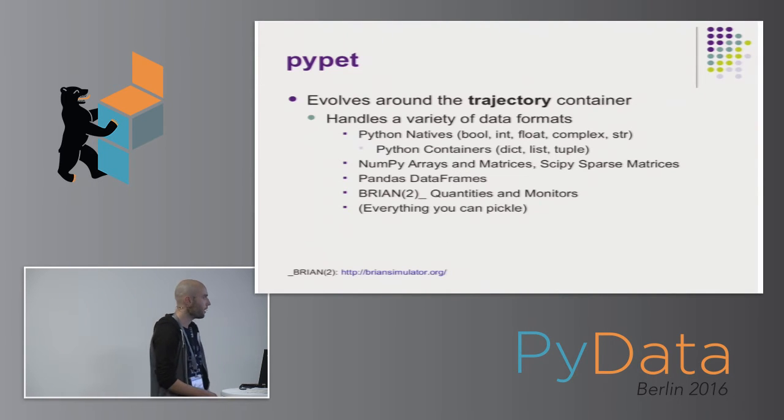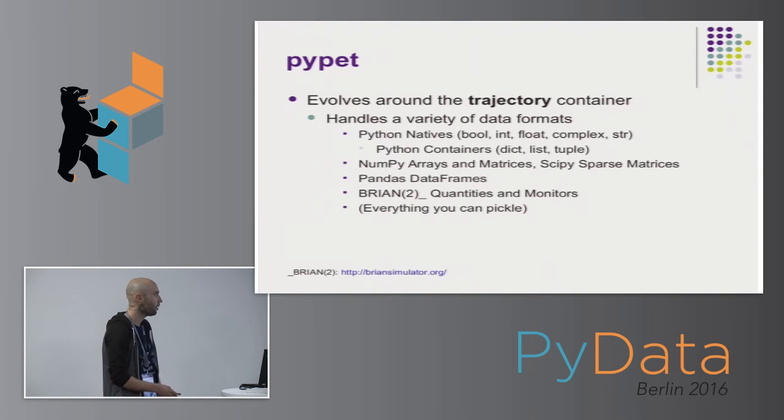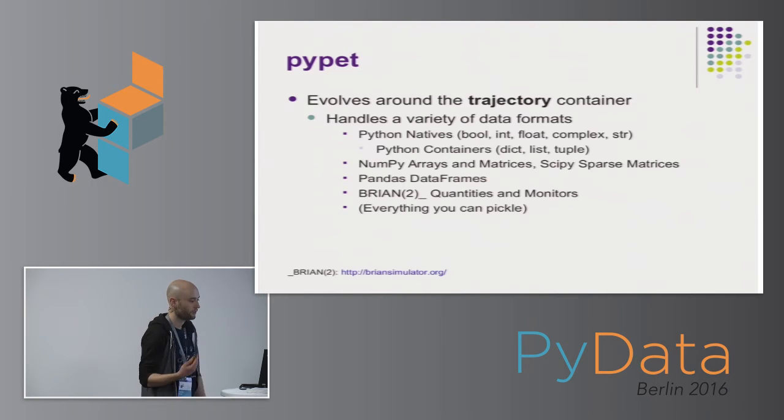So it's rather permissive of stuff it swallows. The thing can handle all sorts of Python natives, of course, bool, int, float, Python containers, and also likes NumPy arrays, matrices, SciPy sparse matrices, pandas DataFrames, and series and panels, of course. If you are into computational neuroscience, you might have heard about a simulator called Brian.